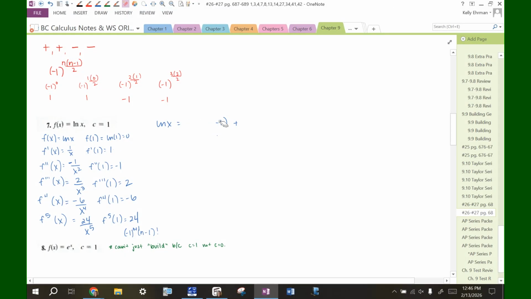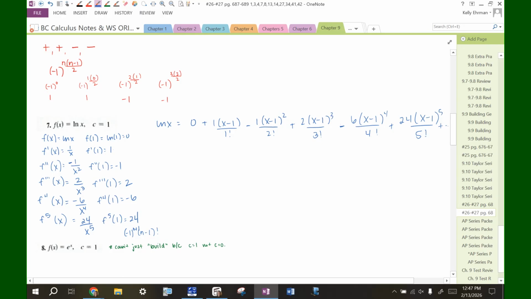Sorry, I skipped over the 0. 0 plus 1 times x minus 1 over 1 factorial minus 1 times x minus 1 squared over 2 factorial plus 2 times x minus 1 cubed over 3 factorial minus, I'm just building the thing, by the way, so minus 6 x minus 1 to the fourth over 4 factorial plus 24 times x minus 1 to the fifth over 5 factorial.